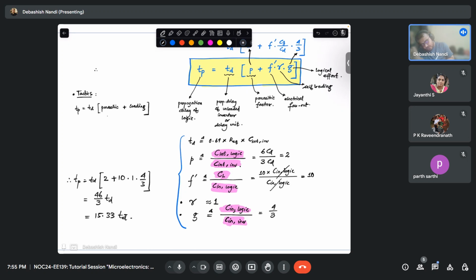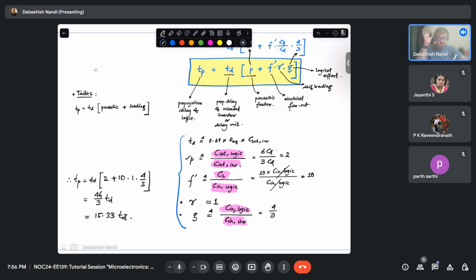So parasitic, how will you find out? This parasitic you find out from this value: C internal of logic, or the drain capacitance of the logic, divided by the drain capacitance of the inverter, assuming both are designed with the same mobility ratio. Similarly, F dash is your electrical fan out, that is load capacitance divided by input capacitance of the logic.